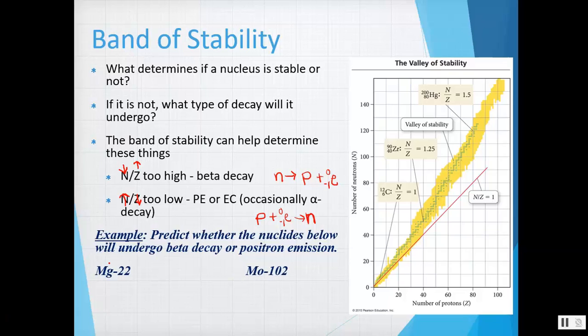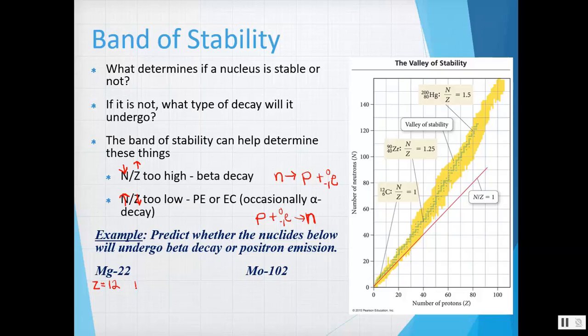So let's look at 2 examples and then predict whether the parent nuclide is going to undergo beta decay or positron emission. First, let's look at magnesium-22. Looking at the periodic table, we can see that this magnesium-22 isotope has an atomic number equal to 12.